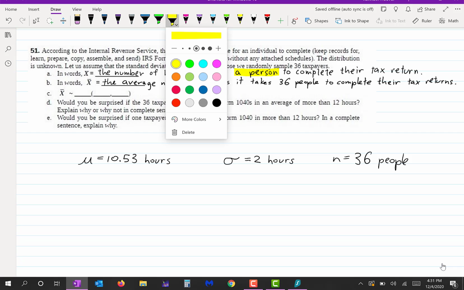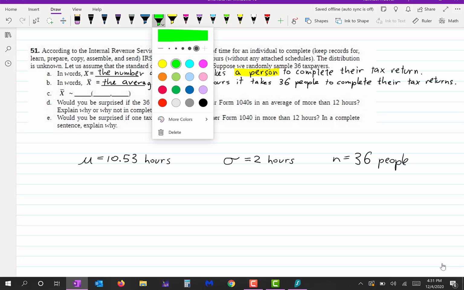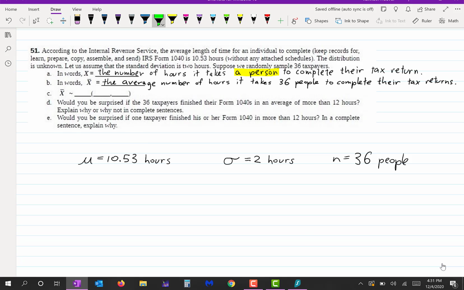X bar is referring to 36 people, because we're doing samples of 36. And there's also another word that's different. Do you see it? The word average is there.